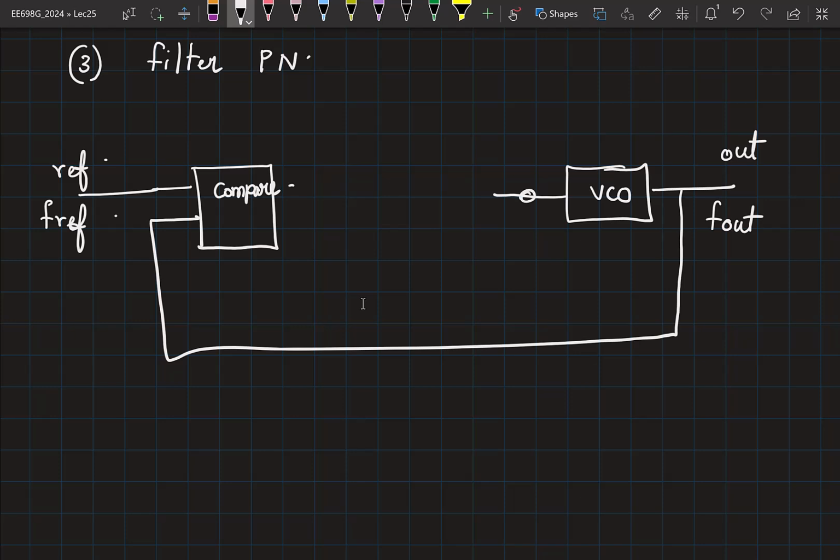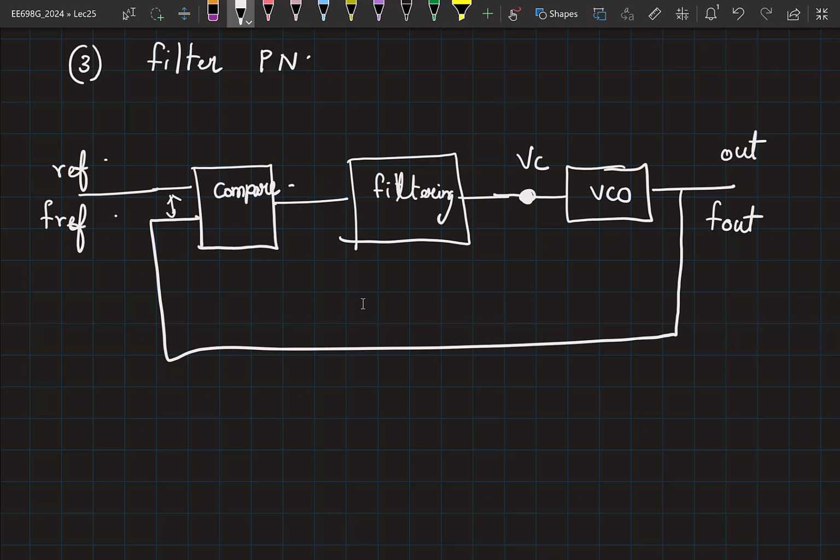What do you think should be the value here? It's a voltage, right? It's VC. So you are comparing something here. Then you may need to do some processing, probably filtering. And then you will get a voltage here. And that is going to drive your VCO, right? A very simplistic loop we have constructed.